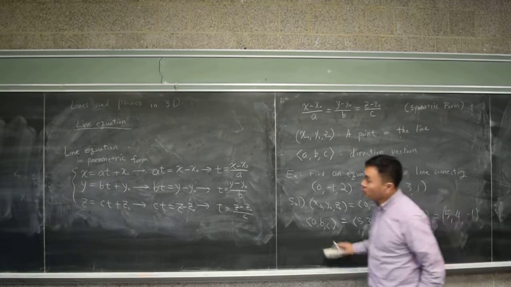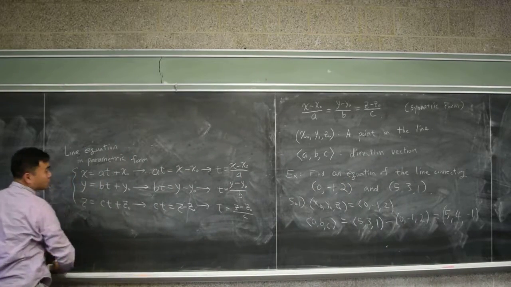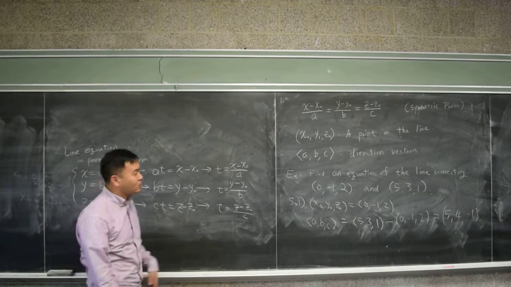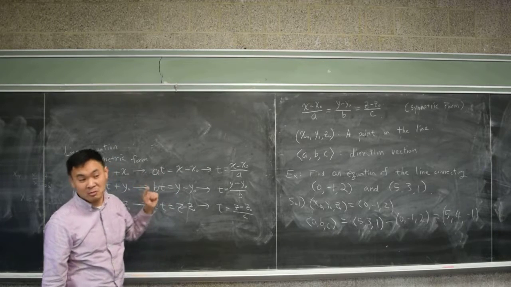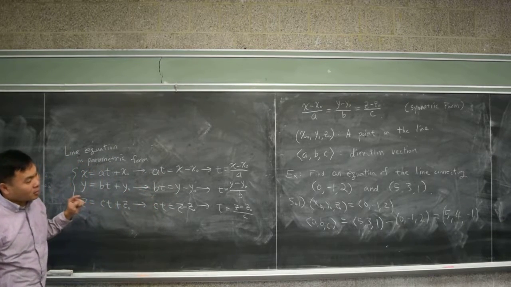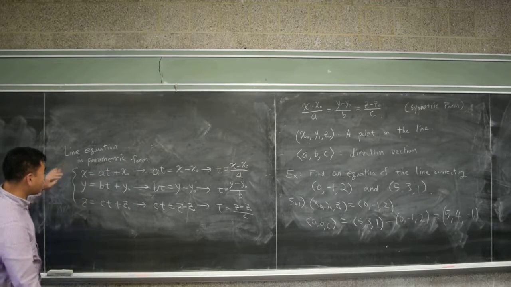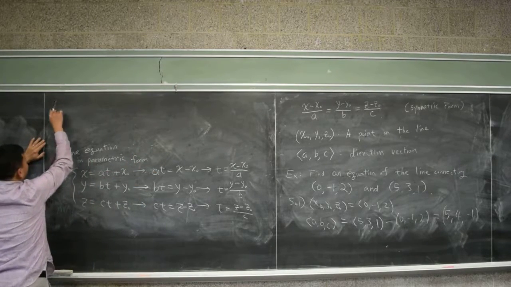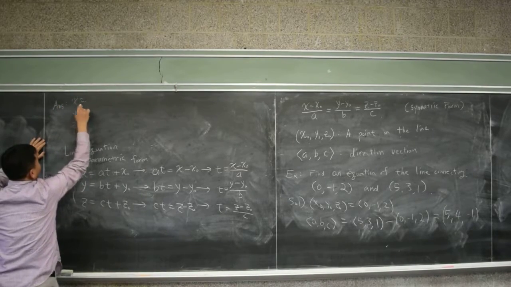And therefore, now we can write down the equation in parametric form. If it doesn't say which, you can either choose to write it in parametric form or the symmetric form, it doesn't matter. If it says symmetric form, then you have to write it in that form. Let's try to write it in both ways. Okay, so the answer is (x, y, z).